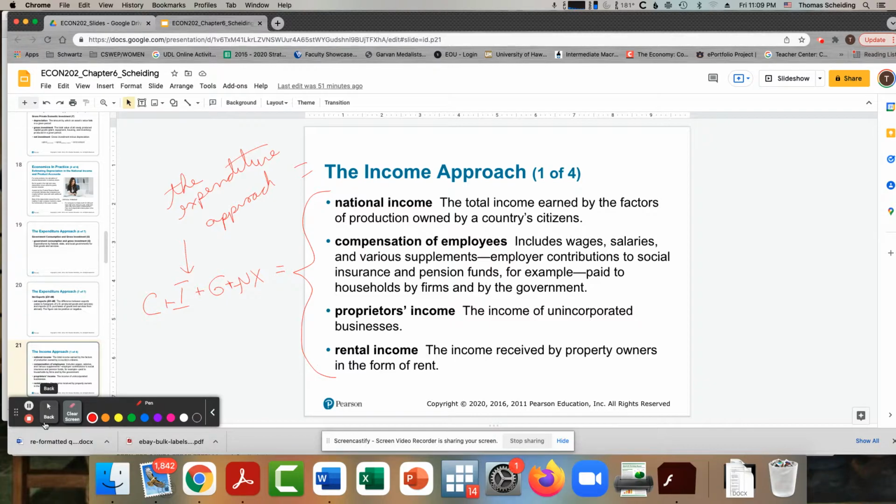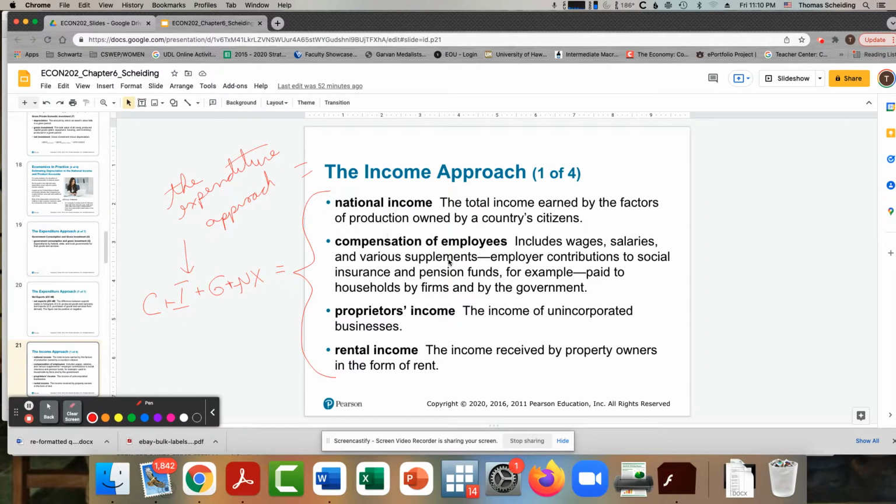National income would just be what people earn for selling factors of production, such as labor. That national income that is earned by selling labor, that's our compensation of employees.